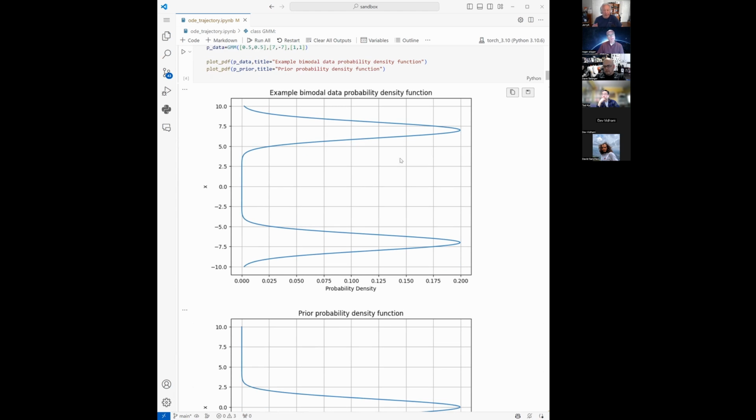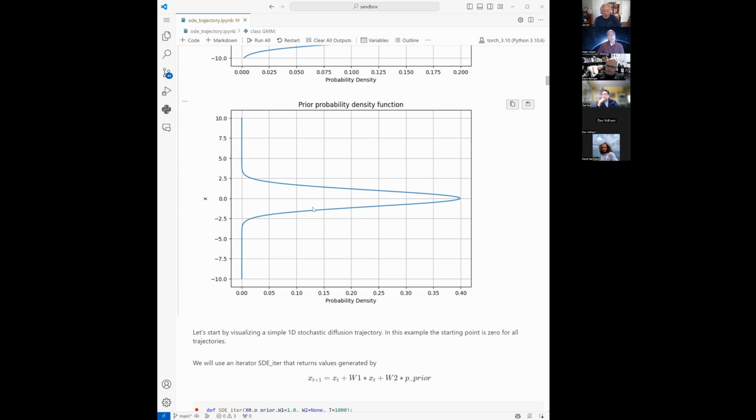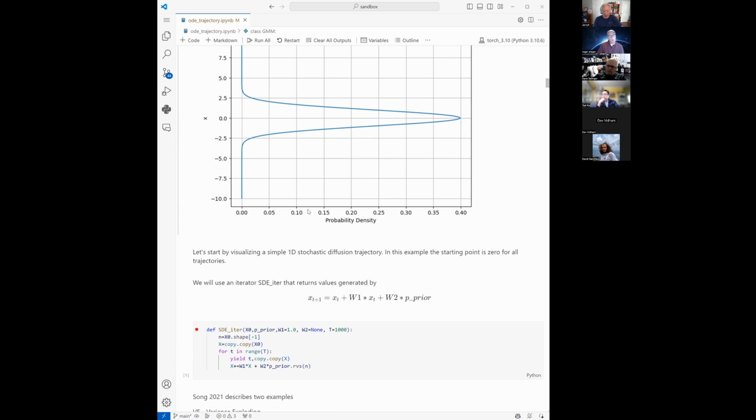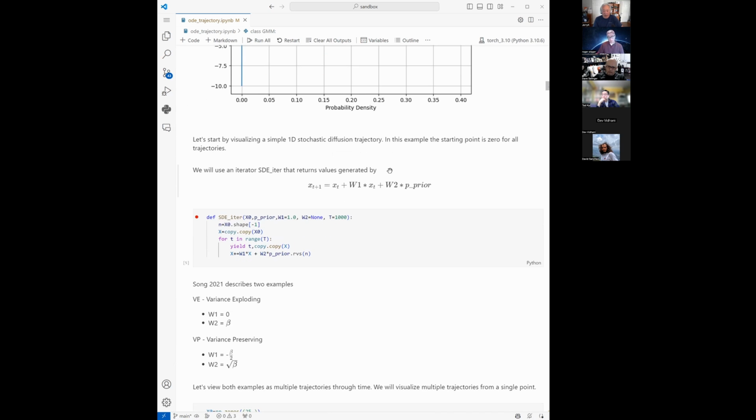So this would be an example of a data distribution, the PDF. This is an example of a prior distribution, again, just a unit norm. And I wanted to start by doing the stochastic forward pass on that first slide that we saw. I want to draw those individual lines, the squiggly lines that we saw.